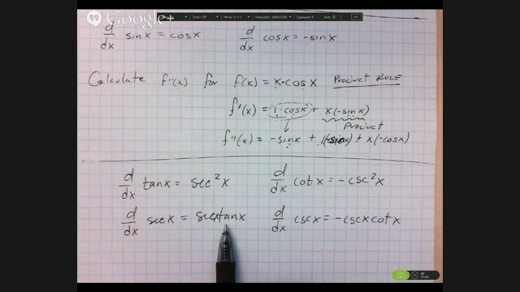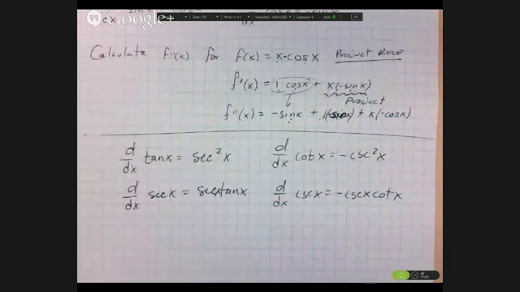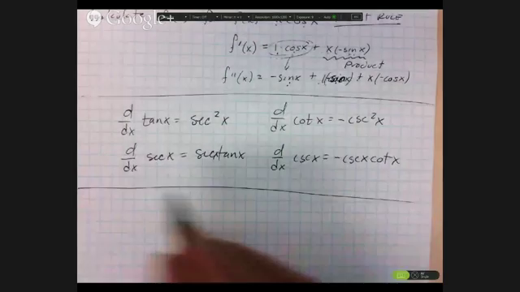Tangent and secant always pair up in derivatives. Cotangent and cosecant always pair up, but there's also the opposite there with the negative sign. So that's one tool to memorize, and we will work on those quite a bit. One more example, then I'll let you loose.